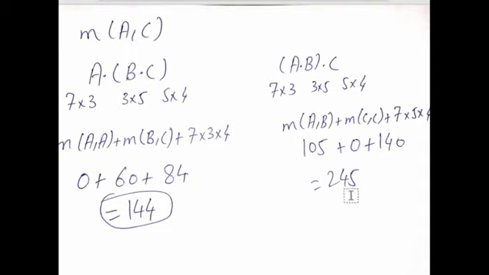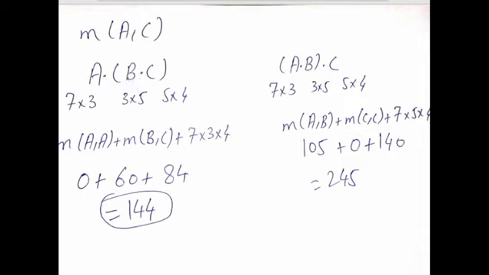So which one is the minimum now? 144 is the minimum. So in order to multiply the matrix A with C, the minimum multiplication is to take the pair of matrix B and C and then multiply it with A. So now fill it in the table.